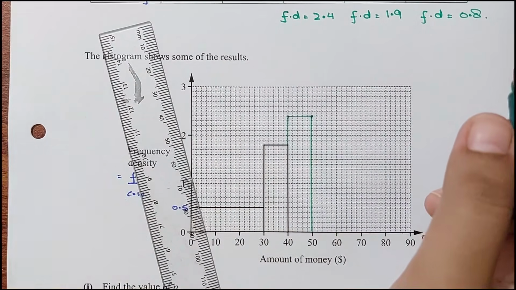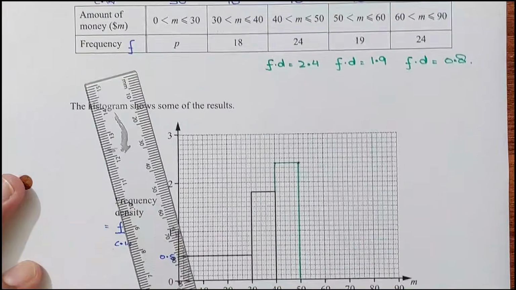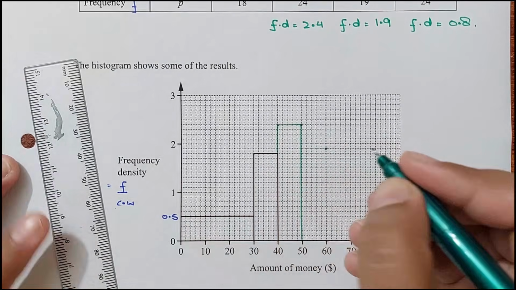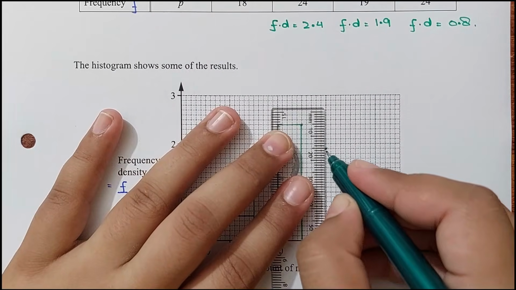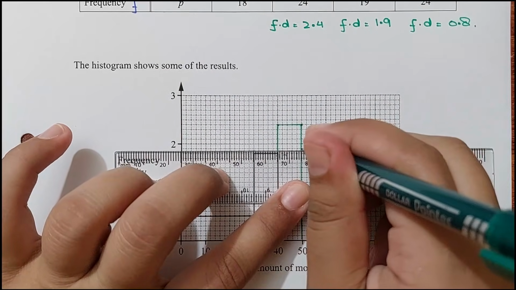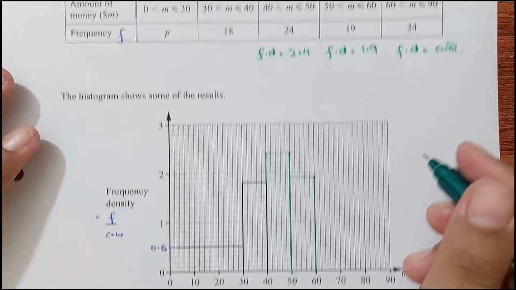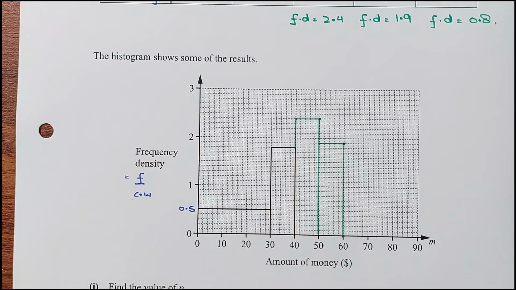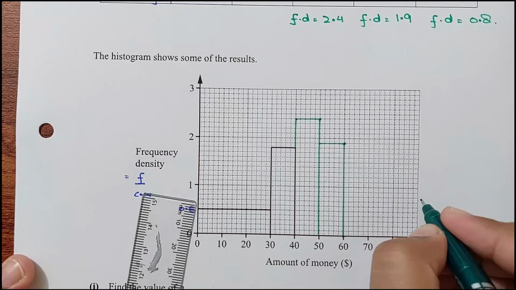The next is between 50 and 60. It's 1.9. 50 and 60, this is 1.9. Okay, and the last we have is between 60 to 90, 0.8. 60 to 90 is 0.8.